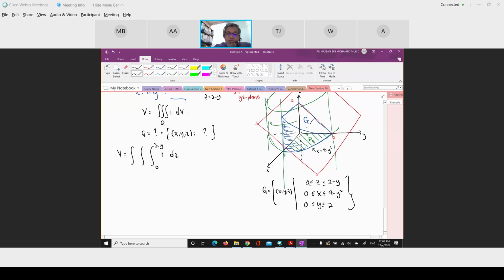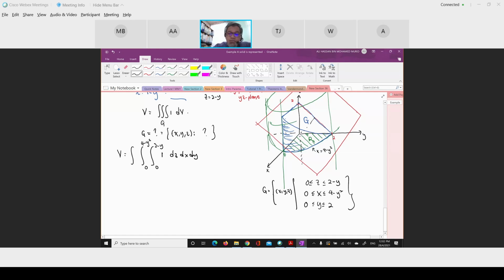Is it dx dy or dy dx? dx dy, because x is bounded by a function of y. So x is bounded between 0 and 4 minus y squared. And finally, dy.